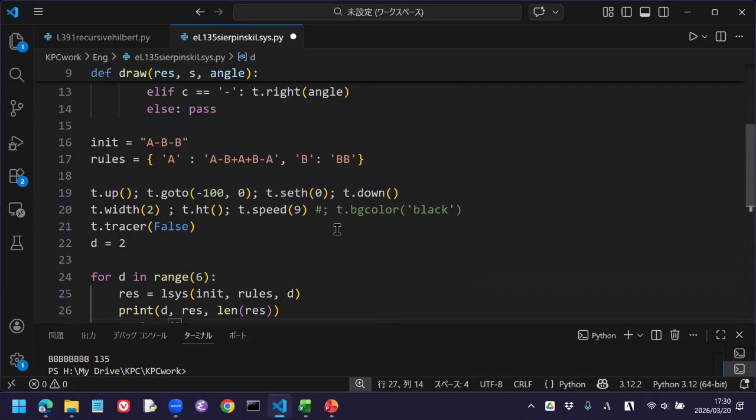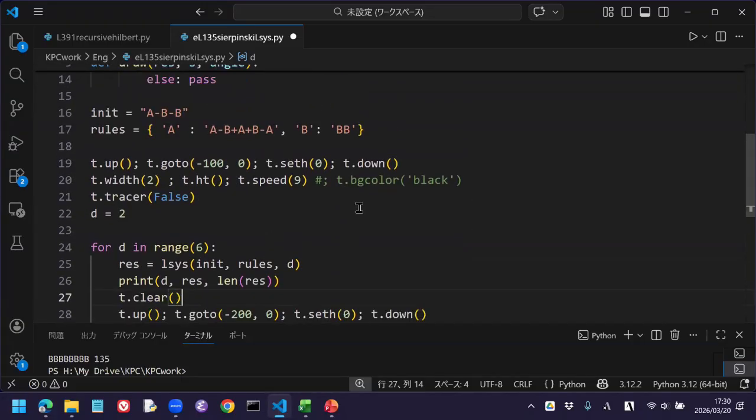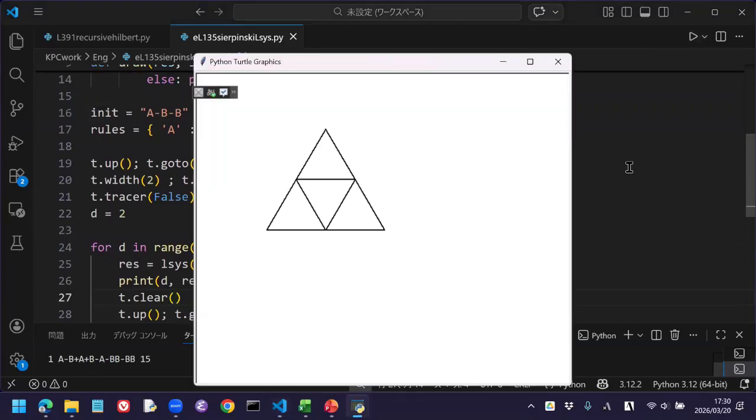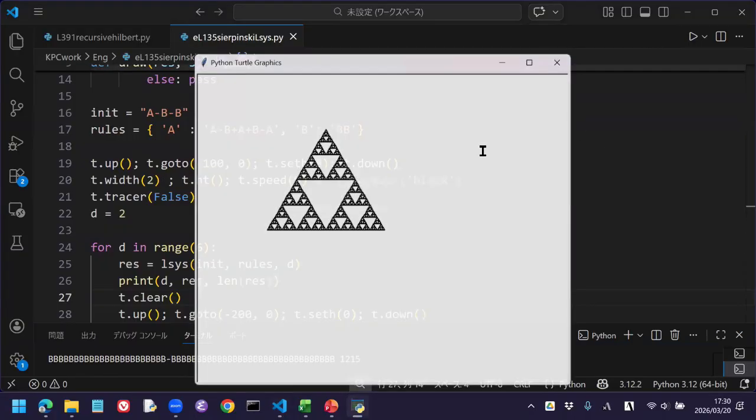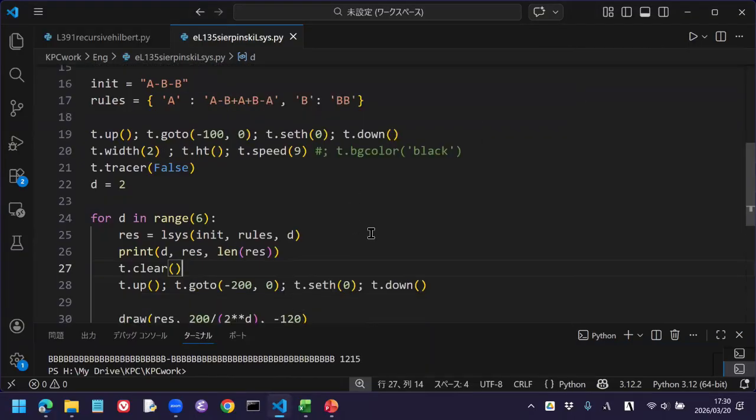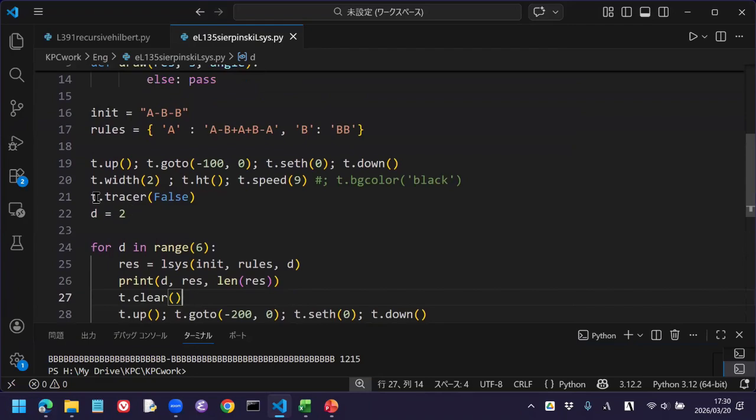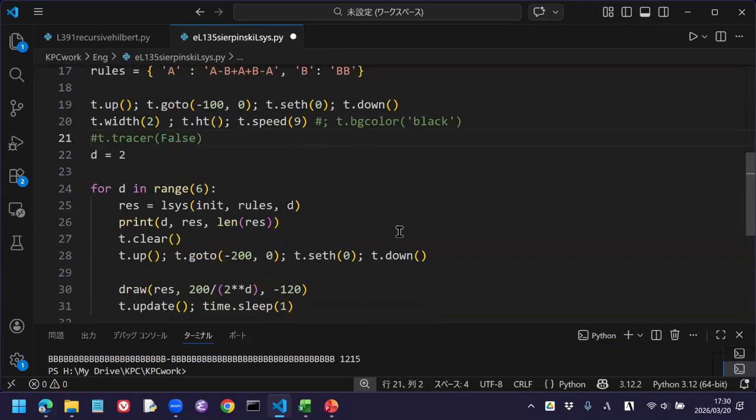We could draw very beautiful triangle gaskets like this, starting from 0, 1, 2, 3, 4, 5, 6. But the problem is it was too fast. So let's see what happens if we turn the tracer off and see how it looks up to, say, 4.